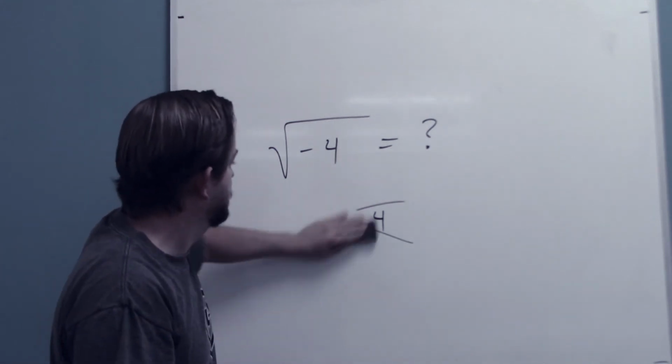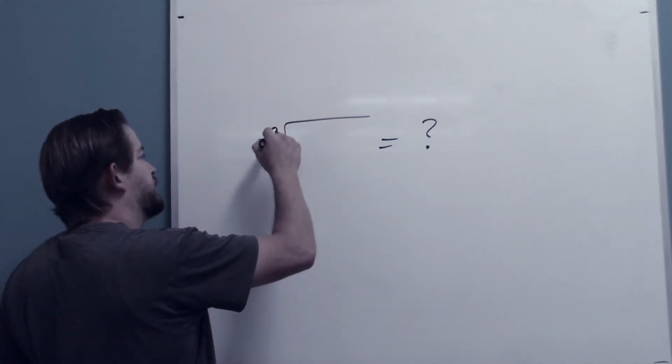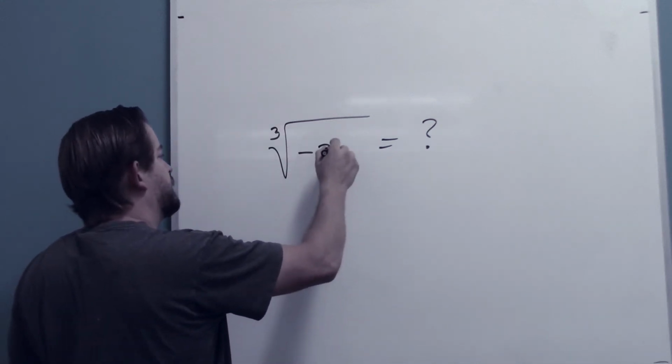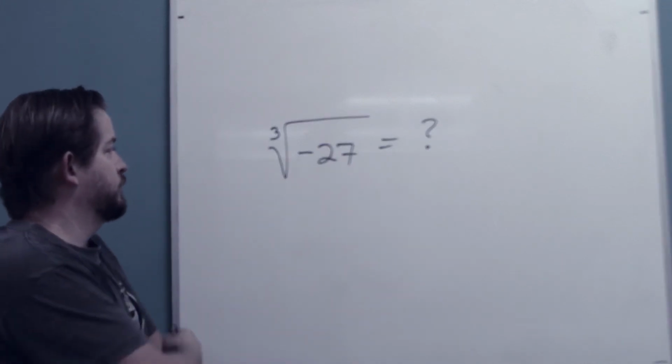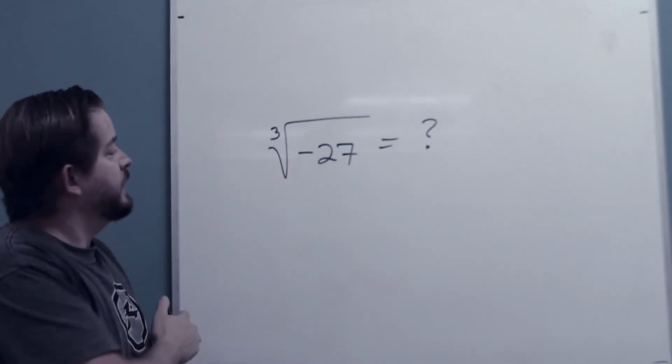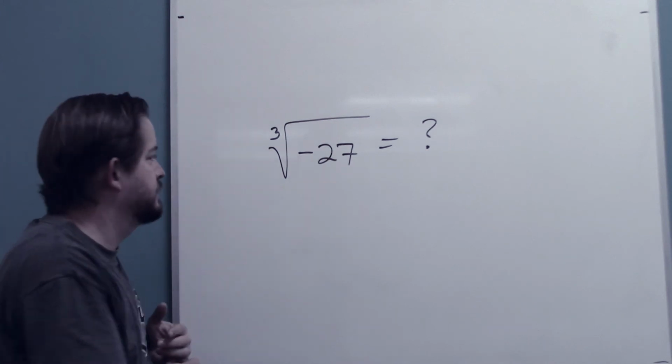But if I am looking for the cube root of, say, -27, is there a number that will work here? And the answer is now yes, because I have an odd index up here, right?